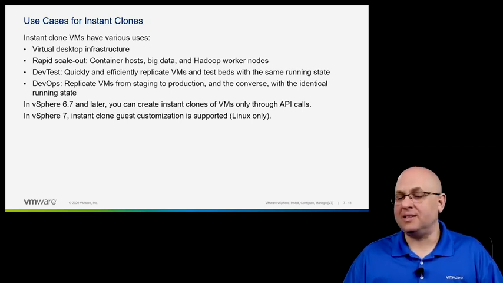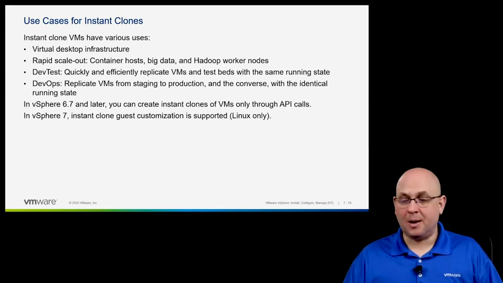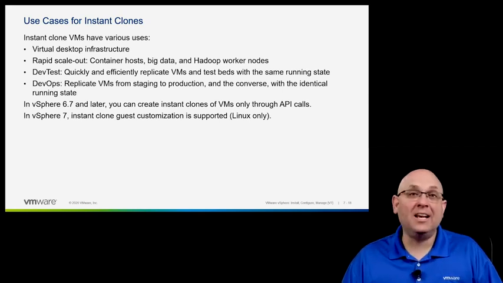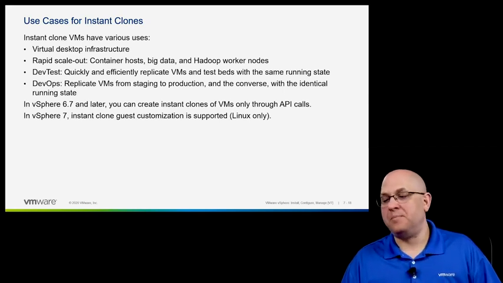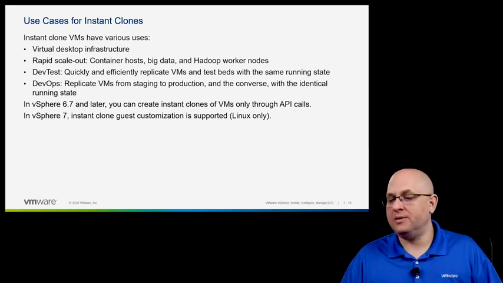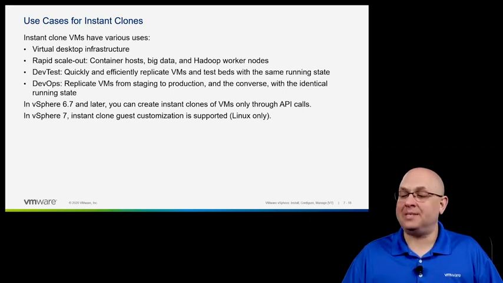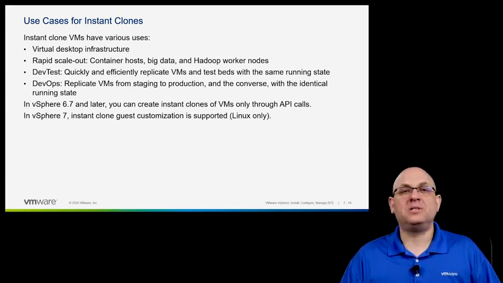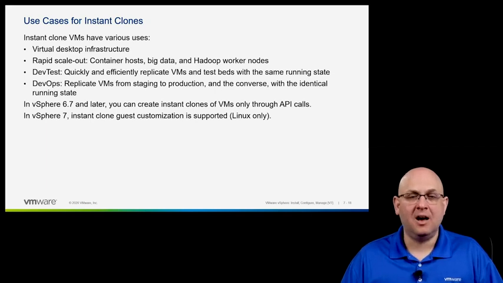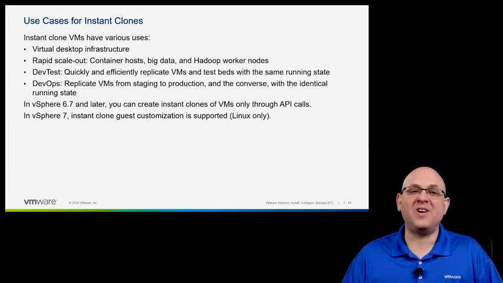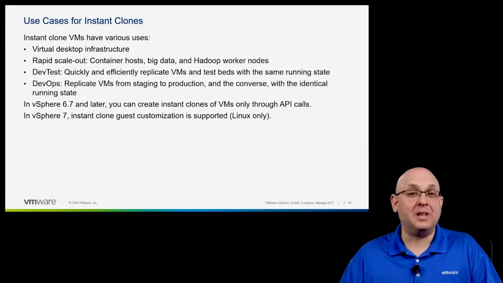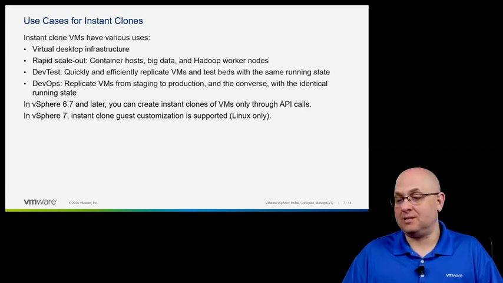But we have use cases including virtual desktop infrastructure, container hosts, big data, Hadoop worker nodes. DevOps has the ability to use this for testing systems very, very quickly without having to wait for an entire clone process to build duplicated virtual disks and so on.